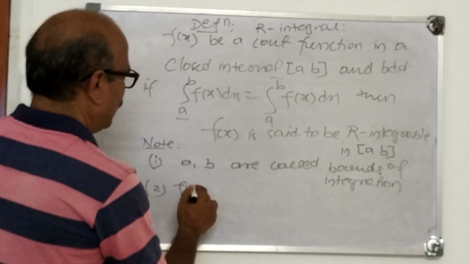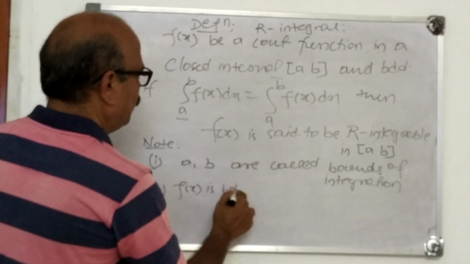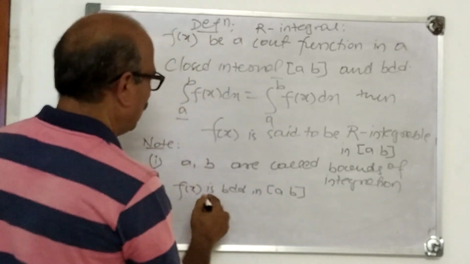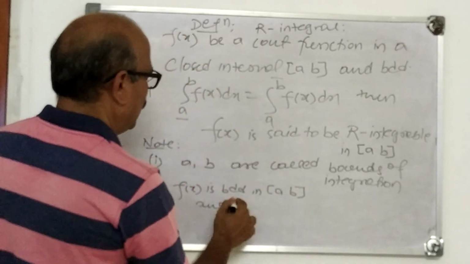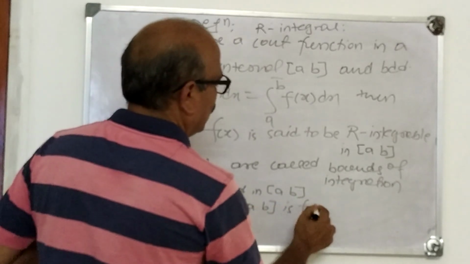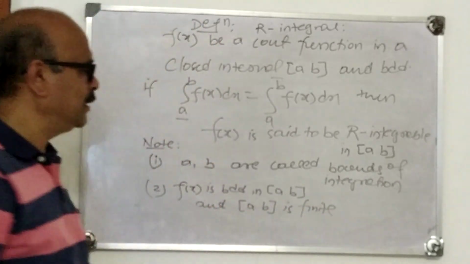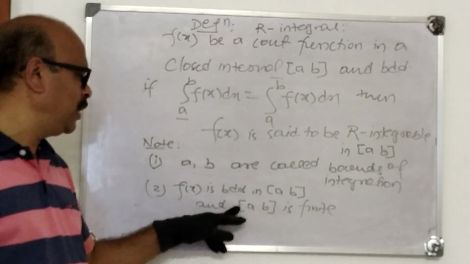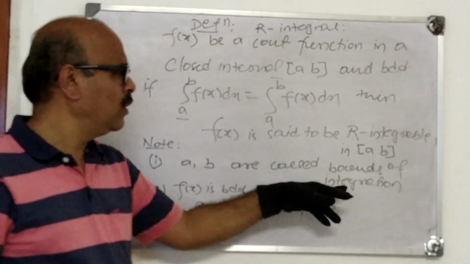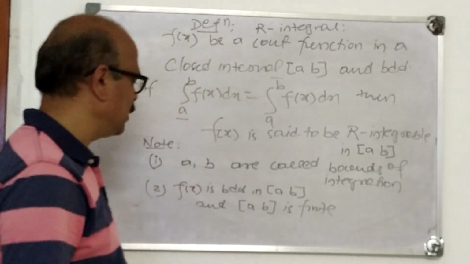First is f(x) is bounded in [a,b], a closed interval, and [a,b] is finite. These two things are important. The function is bounded and the interval is finite.